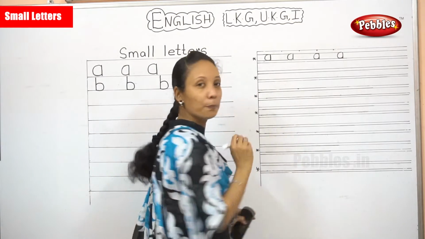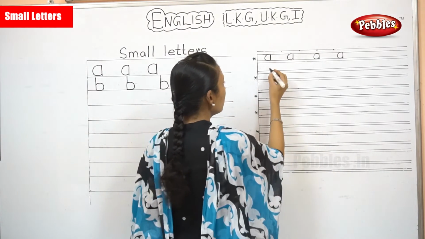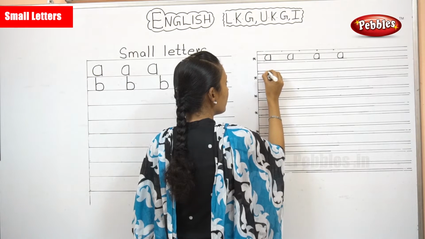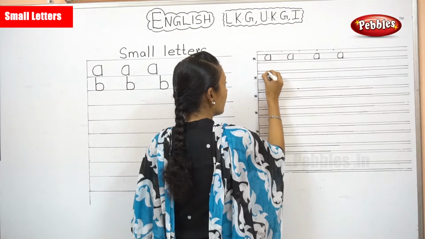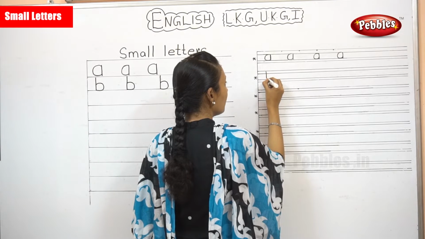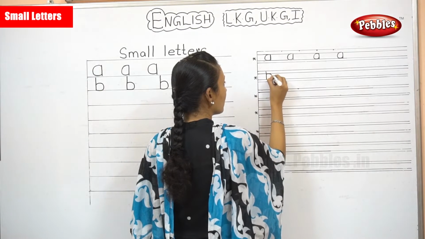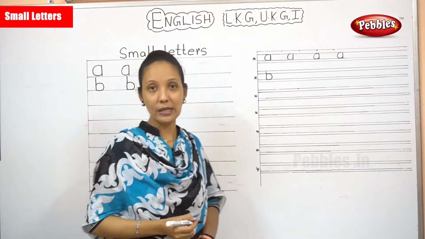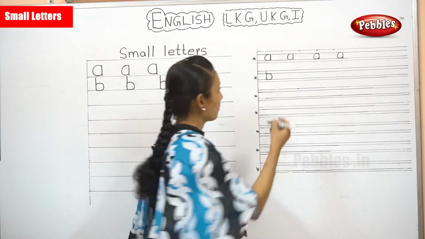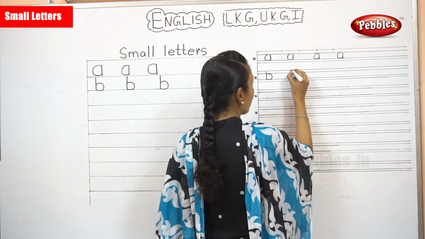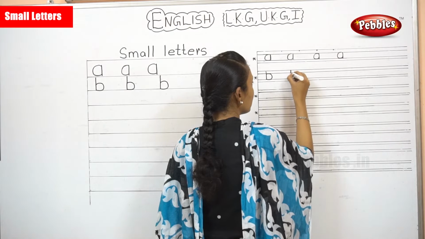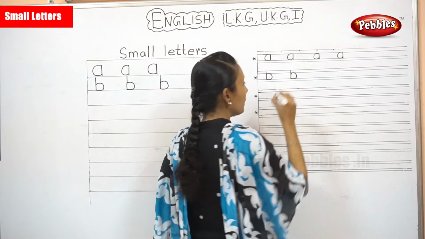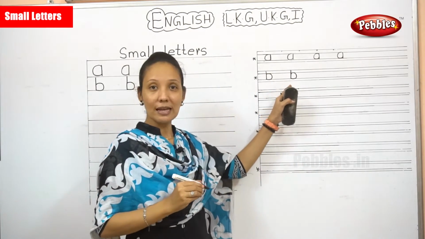Now for b you need to start from the first line. That is, you write starting from the first line. From the first line, touch your third line and draw your curve into the second and third line. This is your B, small letter B. Again your line from the first line down and your curve, B. What is this alphabet?